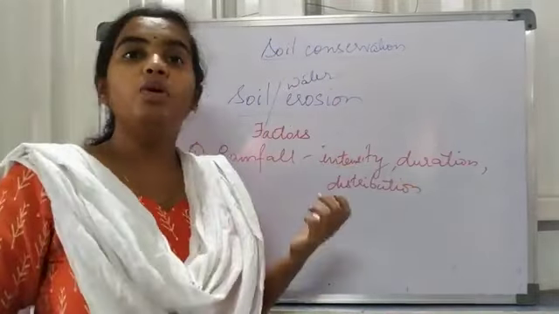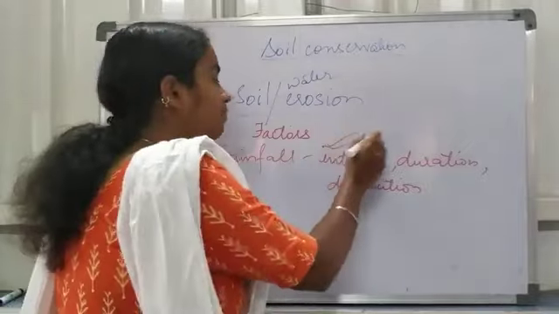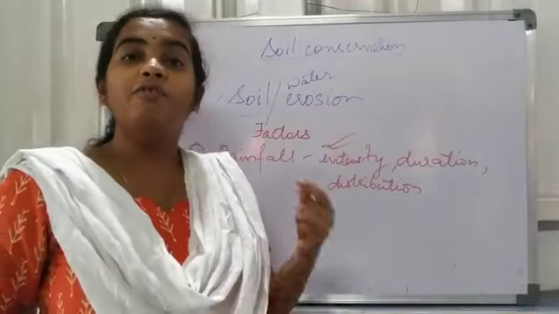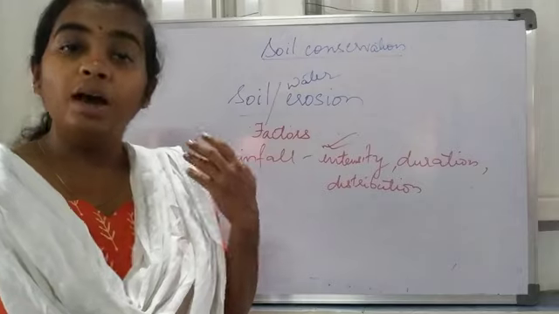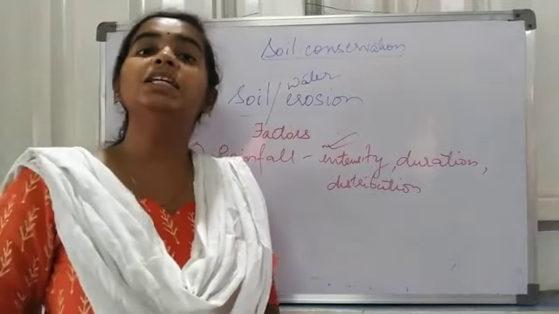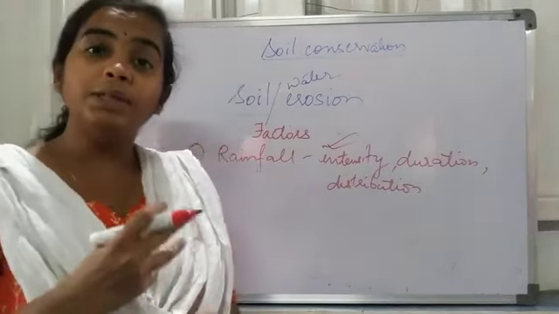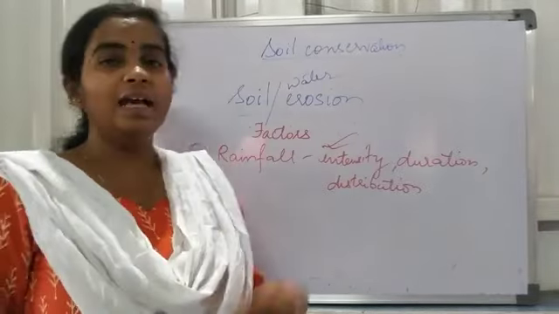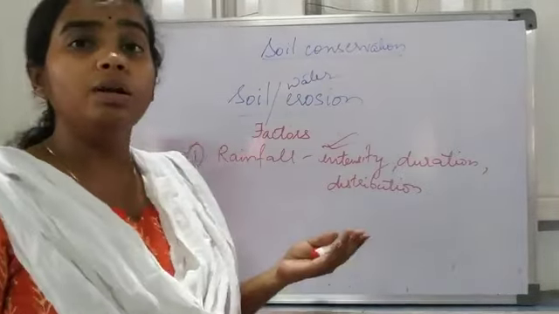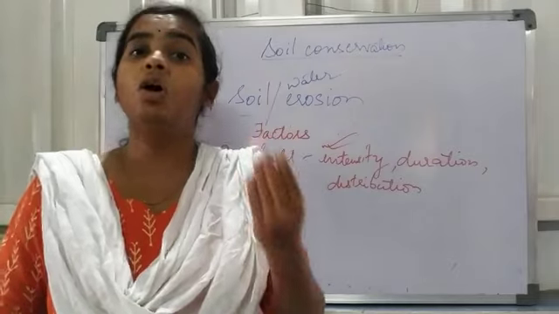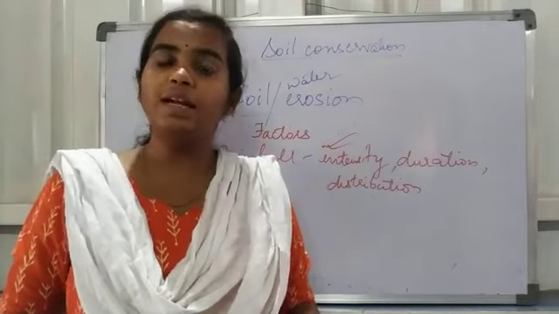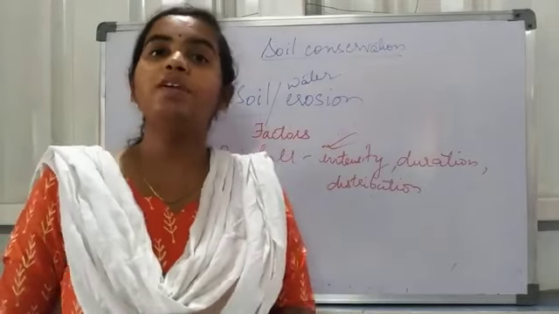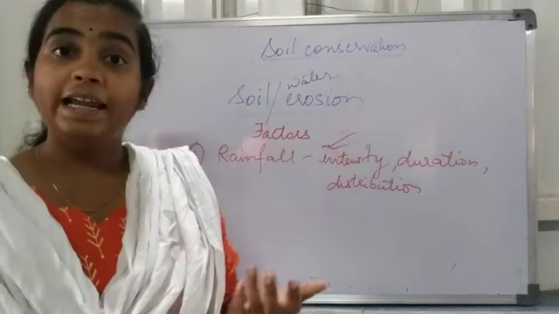When we are talking about the rainfall, intensity is the one which will be affecting much. If rainfall is falling with a higher intensity, definitely the soil will be eroded much faster. And duration, the longer the duration of the rainfall, the more the soil will be infiltrated.